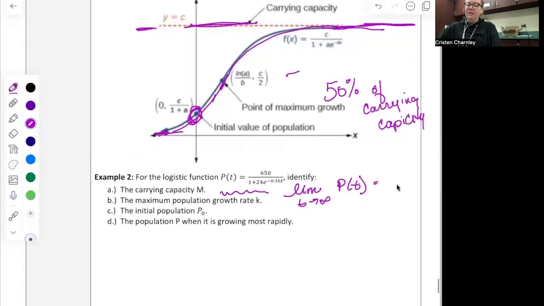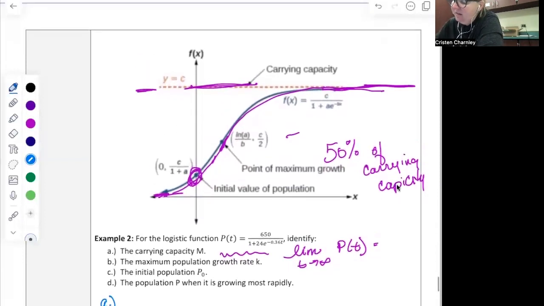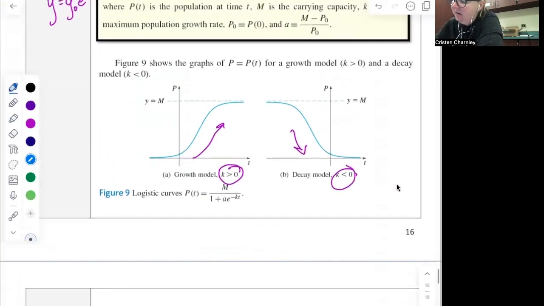All right, so example 2, we want to identify these different pieces. We want the carrying capacity, the maximum population growth, the initial population, and the population when it is growing most rapidly. So let's start with A, the carrying capacity. If I look at this equation and look up above, I know it used some different letters.